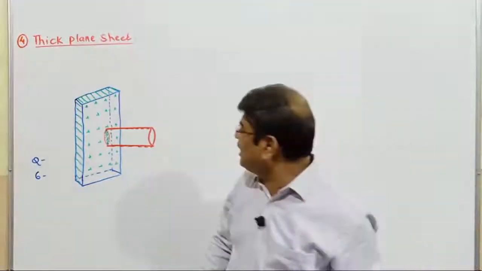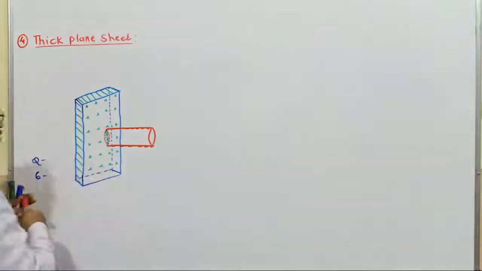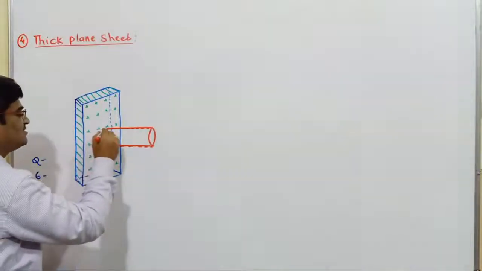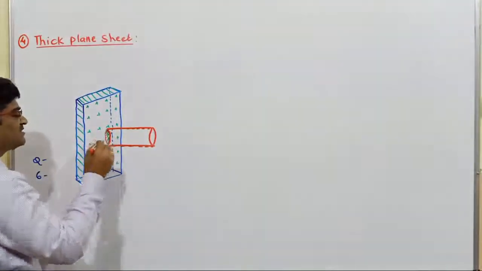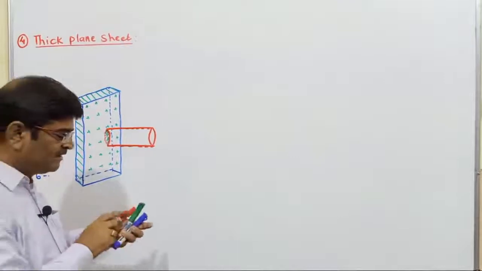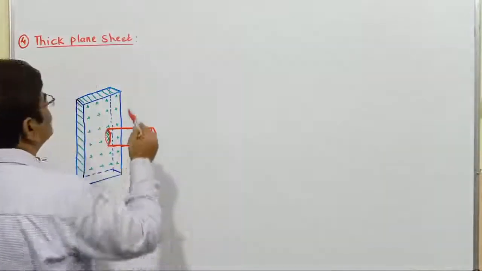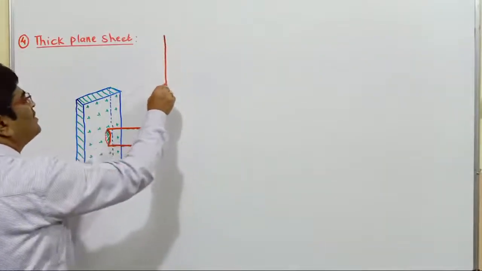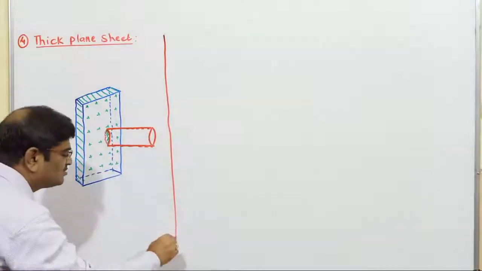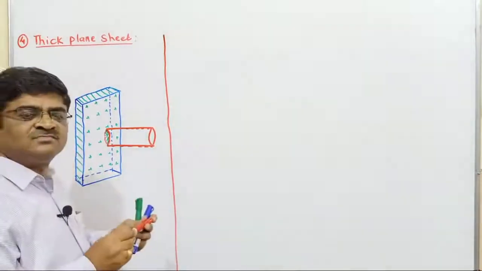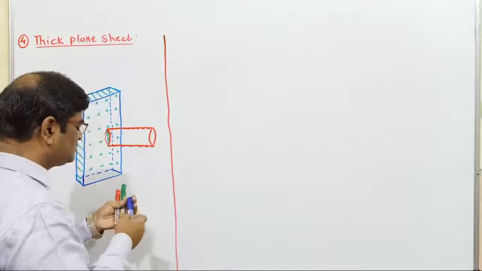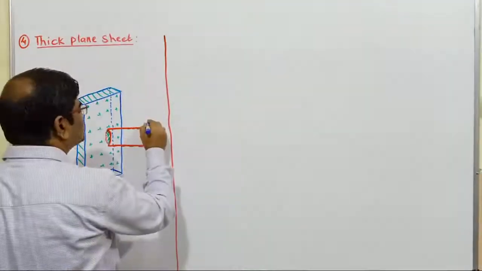So let me go ahead and see what change I'm going to make in the present case. To calculate the flux through the Gaussian, again I will divide the Gaussian into how many portions for a cylindrical Gaussian? 3 portions. First portion is as usual portion number 1.